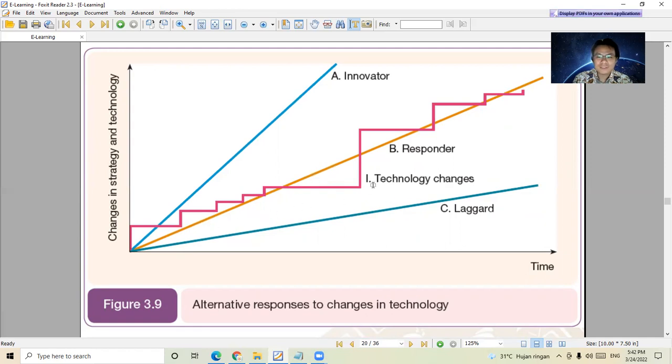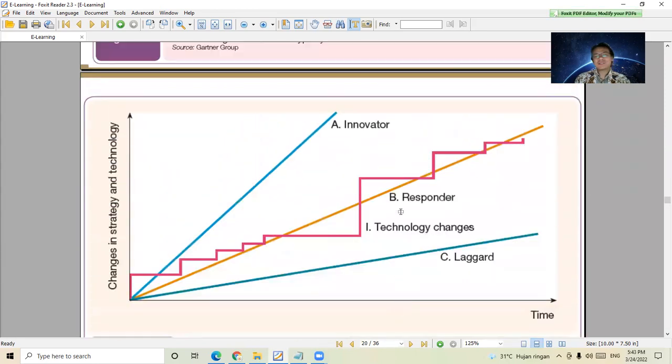But the technology changes, this is interesting. They kind of follow the trend, and it's not that consistent, isn't it? Sometimes they make changes quite rapidly, for example at this point, and sometimes it's not that rapid. We call this the technology changes responses.